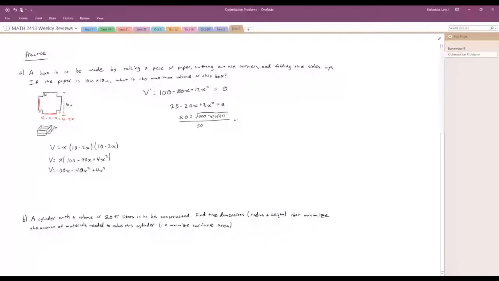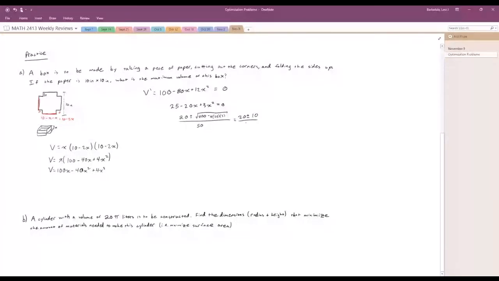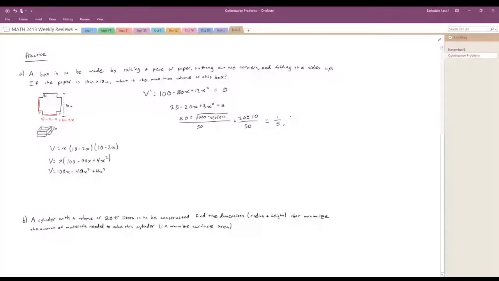Here I have 4 times 25 is 100, times 3 is 300, so the square root of 400 minus 300 is the square root of 100, which is 10. This is all over 50 still. And this, of course, gives me 10 over 50 is 1/5, and also 30 over 50, which is 3/5.